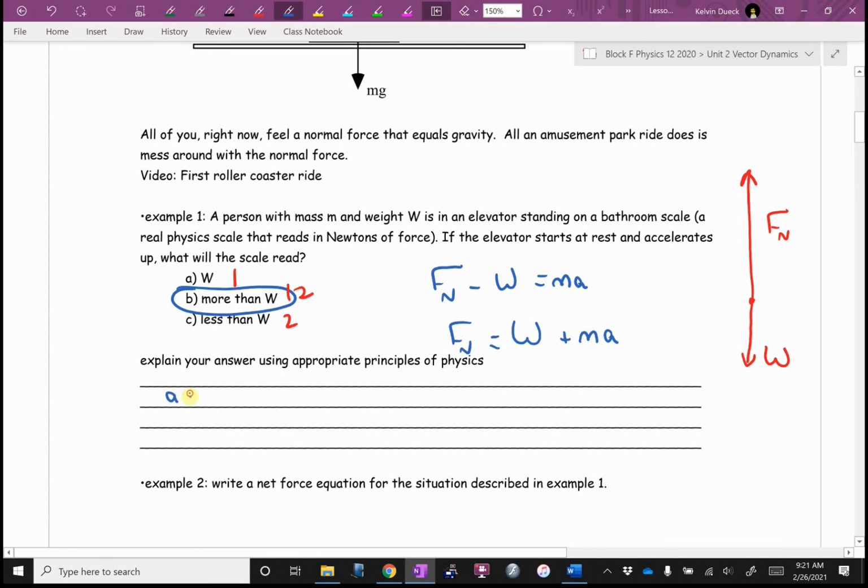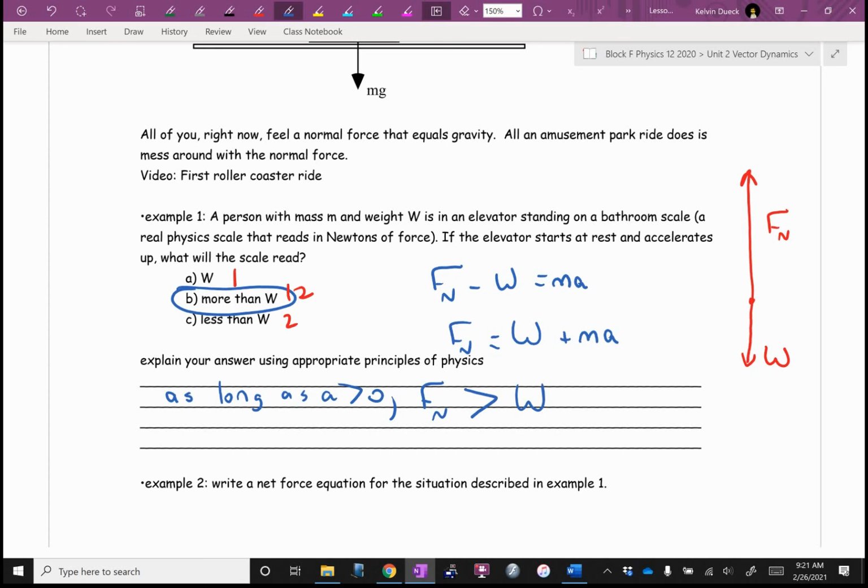So as long as a is greater than 0, normal force will be greater than your weight. It's got to be. You feel slightly heavier when an elevator starts to accelerate up.